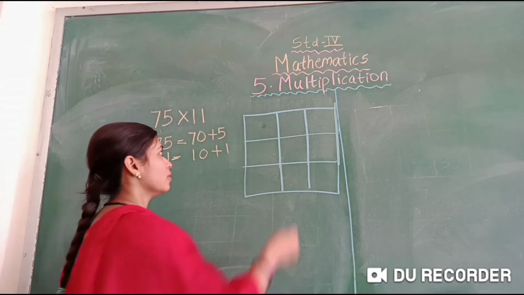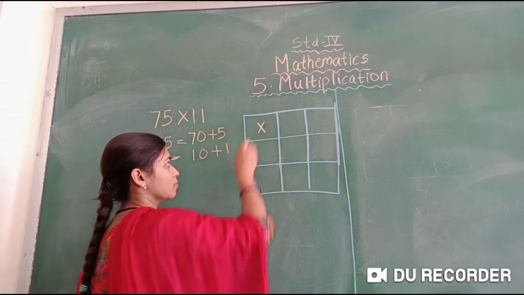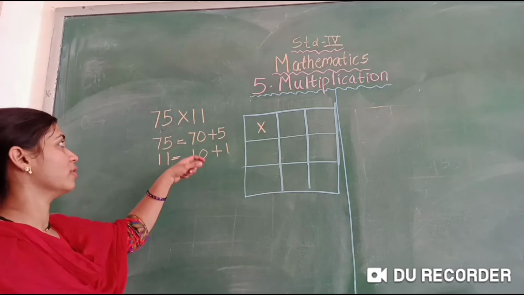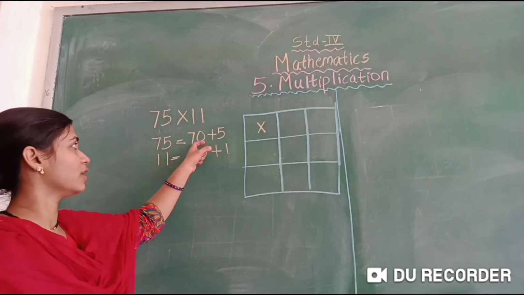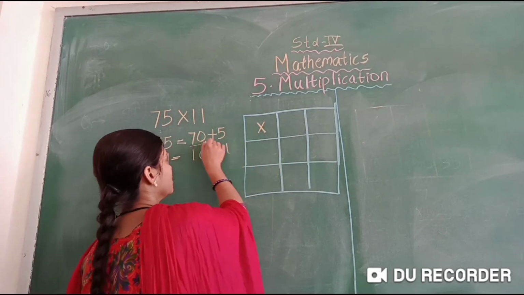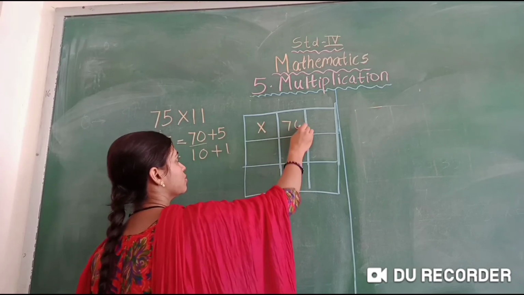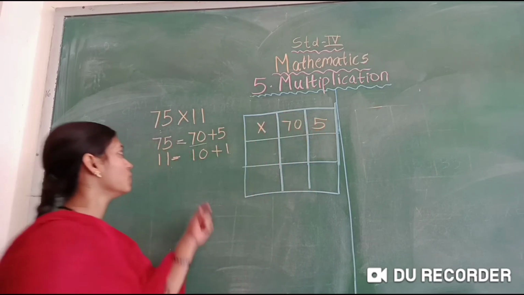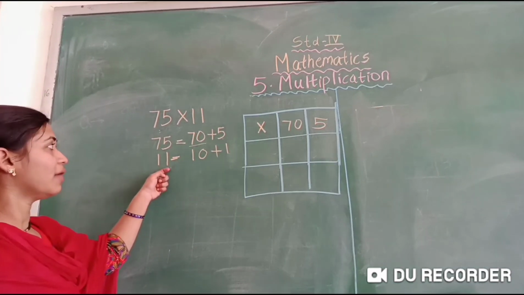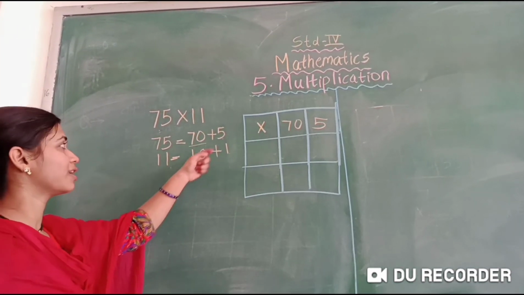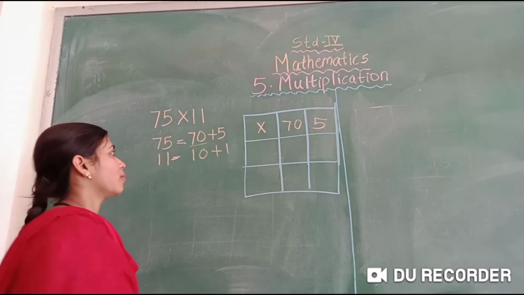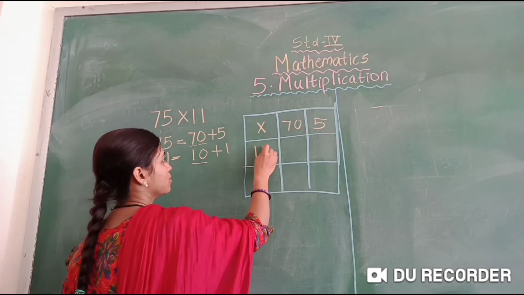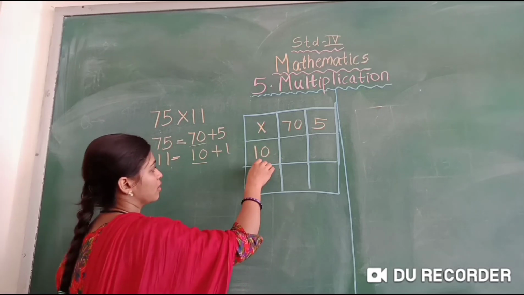The sign of multiplication. Then, what is the first number here? 75. We have written 75 as 70 plus 5. Therefore, 70 in the first box and 5 in the next box. What is the next number here? 11, which we have written as 10 plus 1. This will come under the sign of multiplication. 10 in the first box and 1 below.